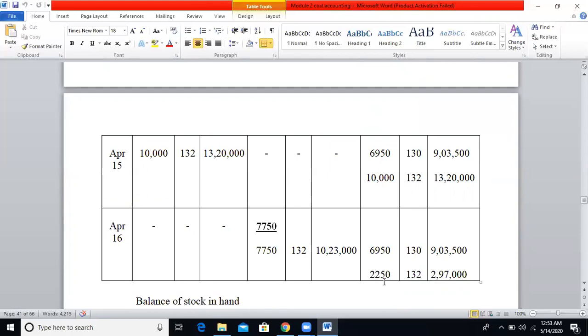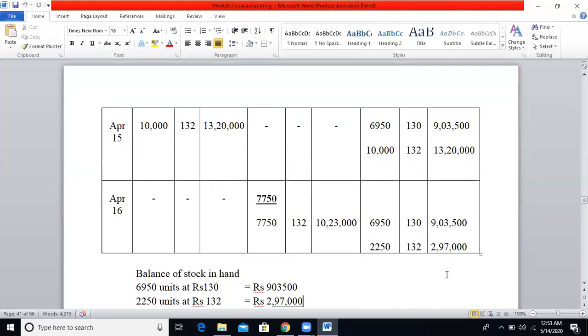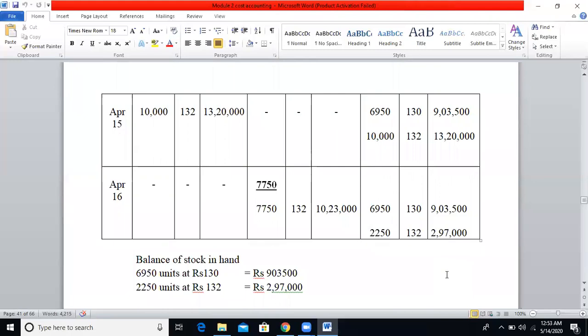If you multiply 2,250 into 132, you will get 2,97,000. So all the transactions will be completed. Now the closing stock or balance of stock will be 6,950 units at the rate of 130, that is a total value of 9,03,500, and 2,250 units at the rate of 132, that is 2,97,000. Thank you.